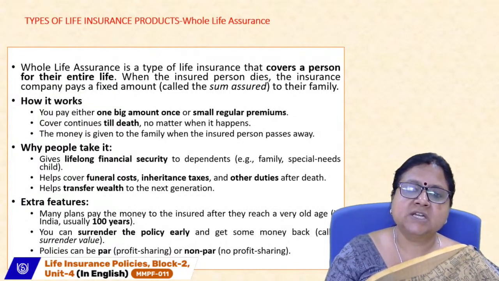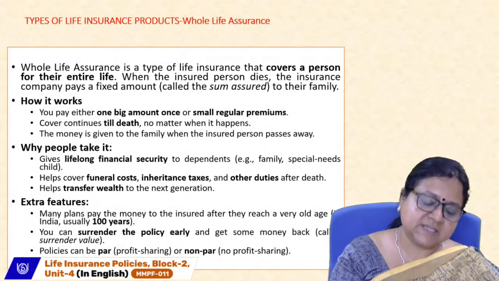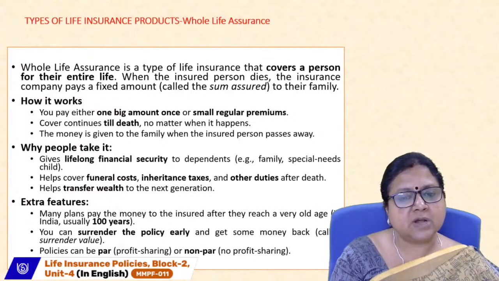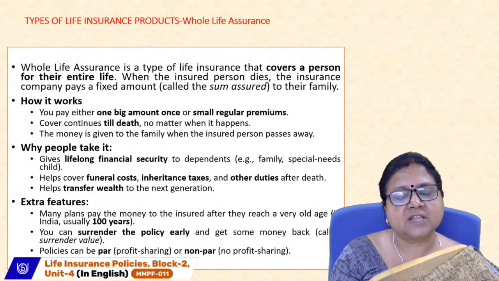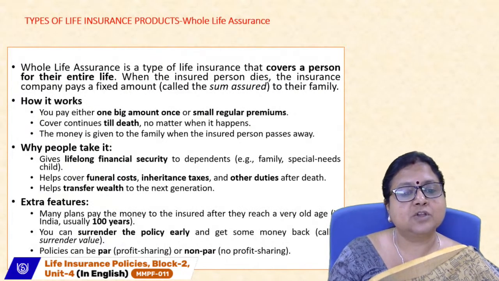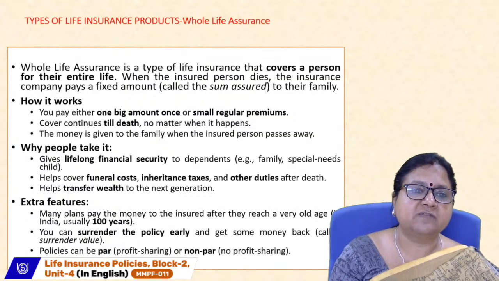So if he doesn't die, then the insurance company will not give the money. If he dies at 90, they will get it after that. If he dies at 60, then they will get it after that. If he dies at 100 also, the dependents will get the money only after his death. You cannot get an amount before his death.